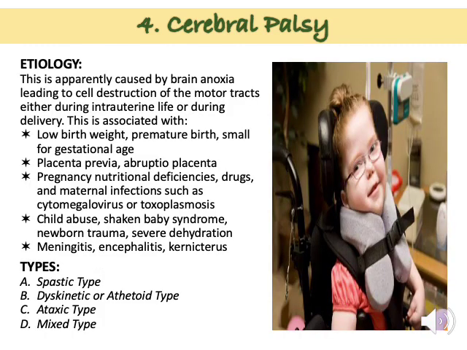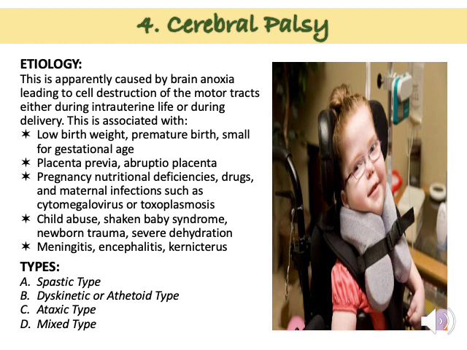Etiology: the exact cause is unknown, but apparently it's caused by brain anoxia leading to cell destruction of the motor tracts either during intrauterine life or during delivery. This is associated with low birth weight, premature birth, SGAs, placental problems, problems during pregnancy such as lack of nutrition, substance abuse, and infections.